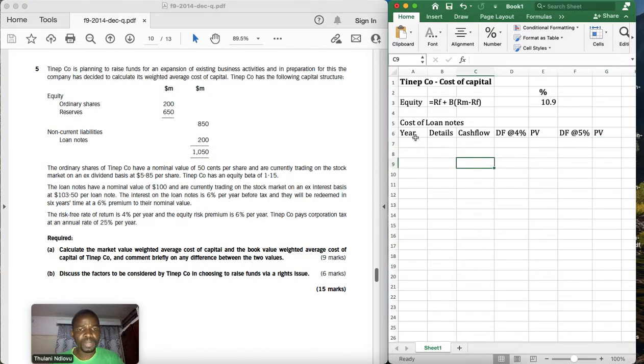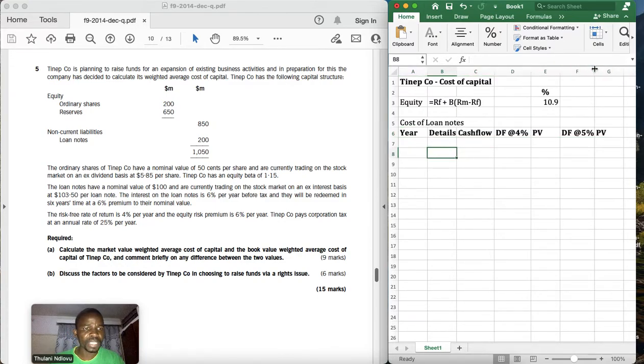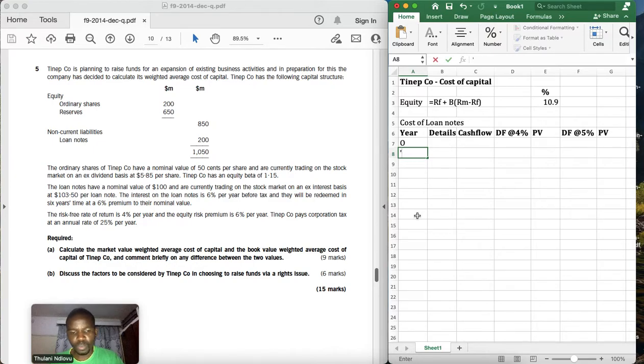This table, most people like to choose the discount factors of 5 and 10, or also the discount factors of 10 and 20. Any discount factor that you choose will be acceptable. It will give an acceptable answer as long as you are following these steps. Now we have the year 0. We will have years 1 to 6.